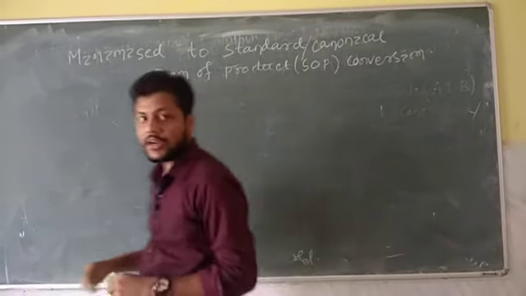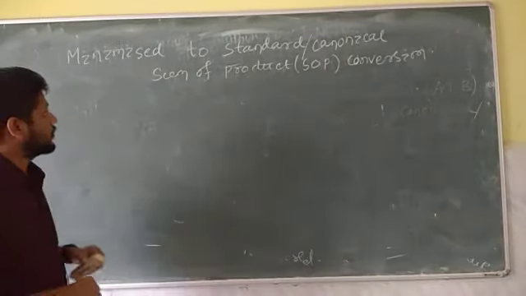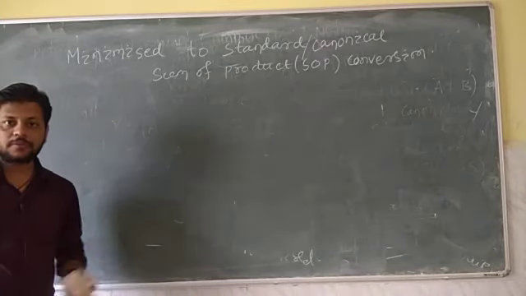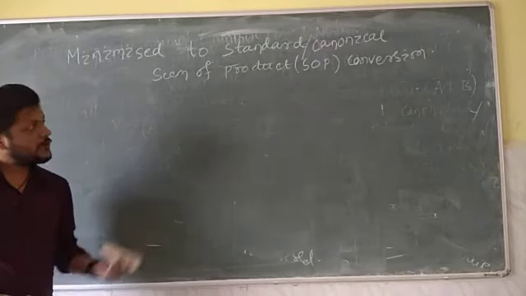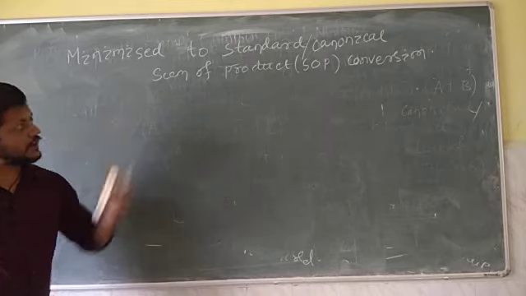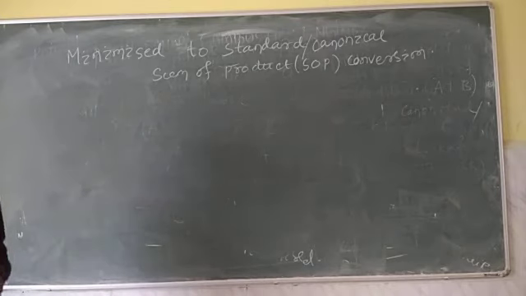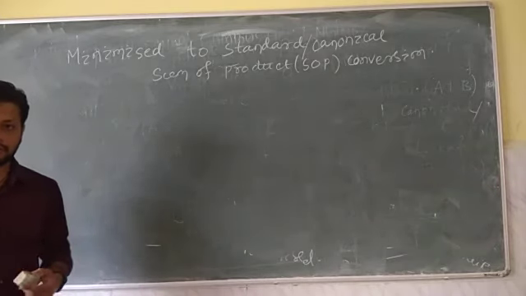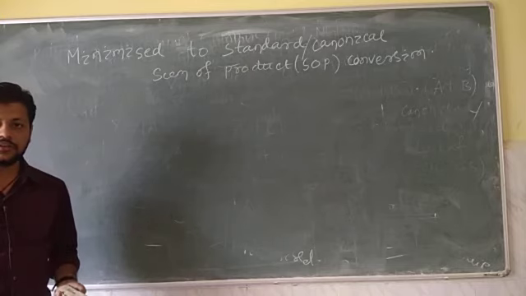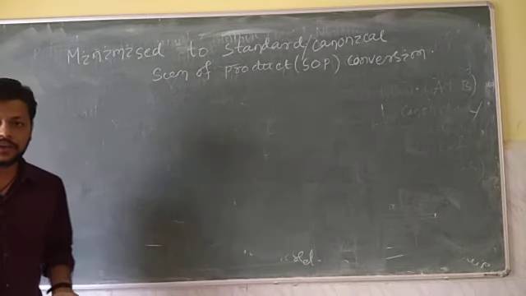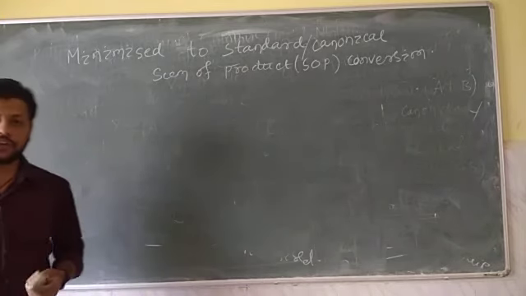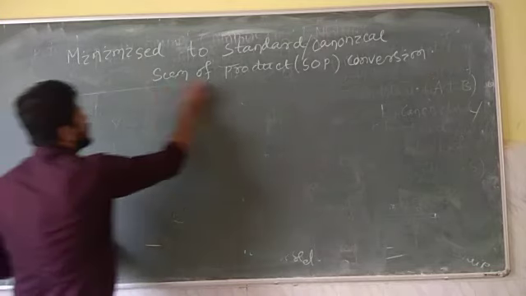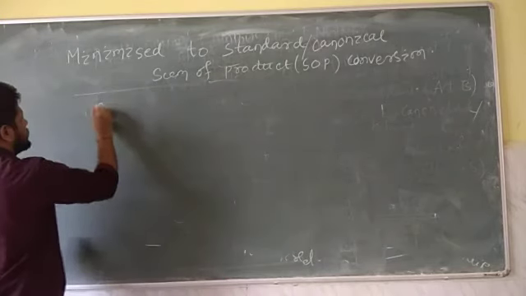The given expression is in minimized form, and the examiner wants its standard or canonical sum of product expression. Till now we have studied how to minimize a given expression. Now the reverse process: if the minimized expression is given, how to write its canonical sum of product form.